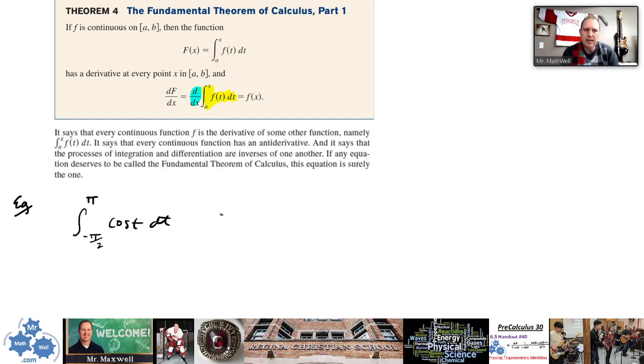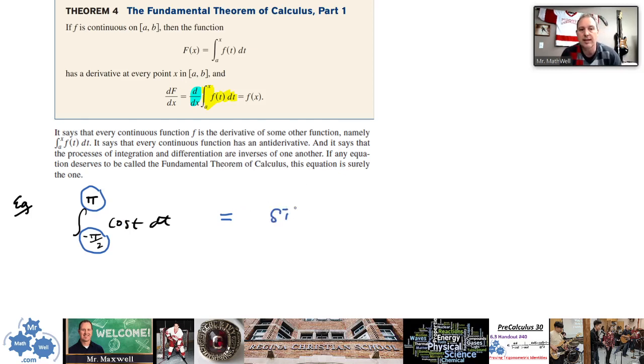Now, if I take the integral of this, and of course this is a definite integral, we know about this from Calc 30. We take the antiderivative of cos, which is what? Sine or negative sine? The antiderivative of cos is sine, because the derivative of sine is positive cos.